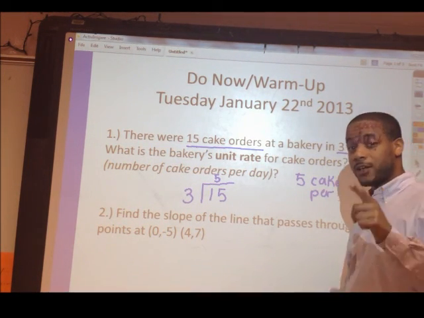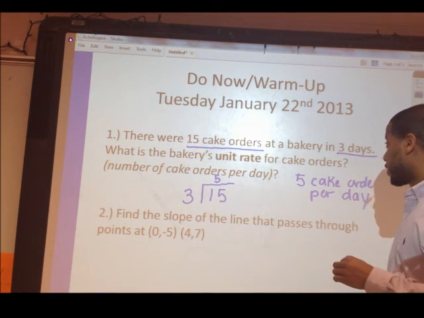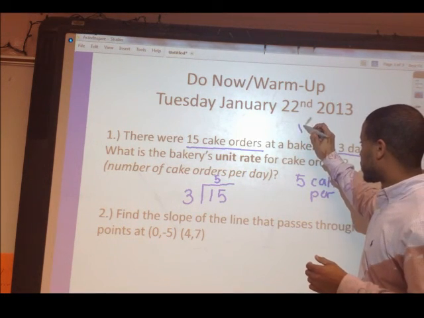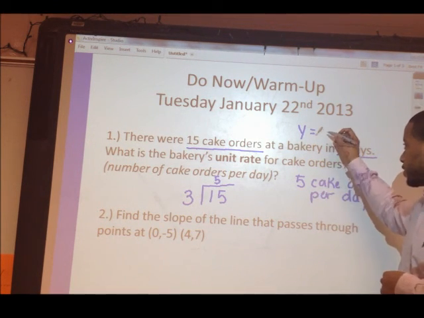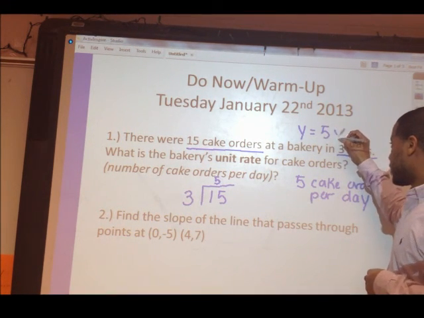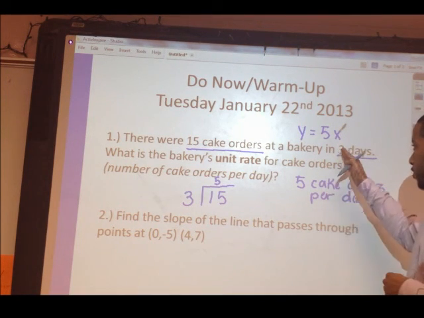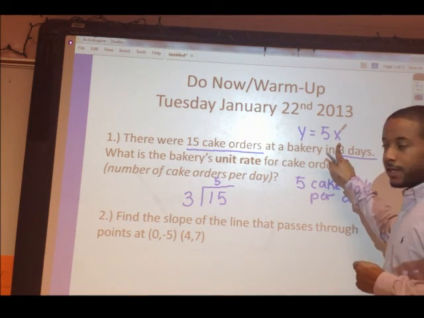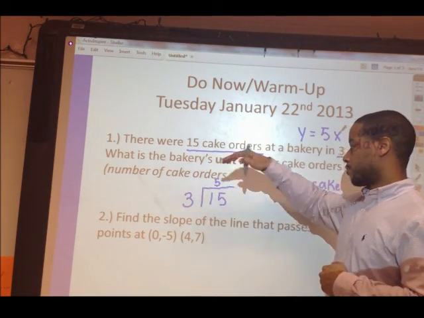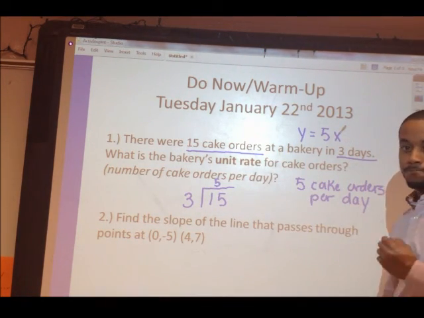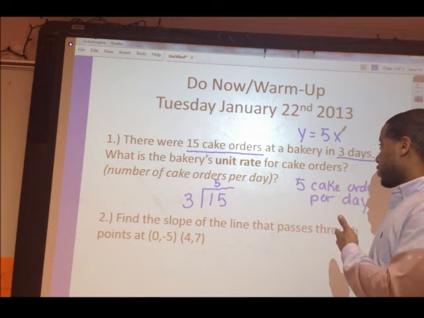If we had to create an equation for it, some of you might have done this. We always want to go y equals our unit rate times x, so y equals 5x, where x will represent the number of days and 5 is our unit rate, the cake orders. So, here's our unit rate.